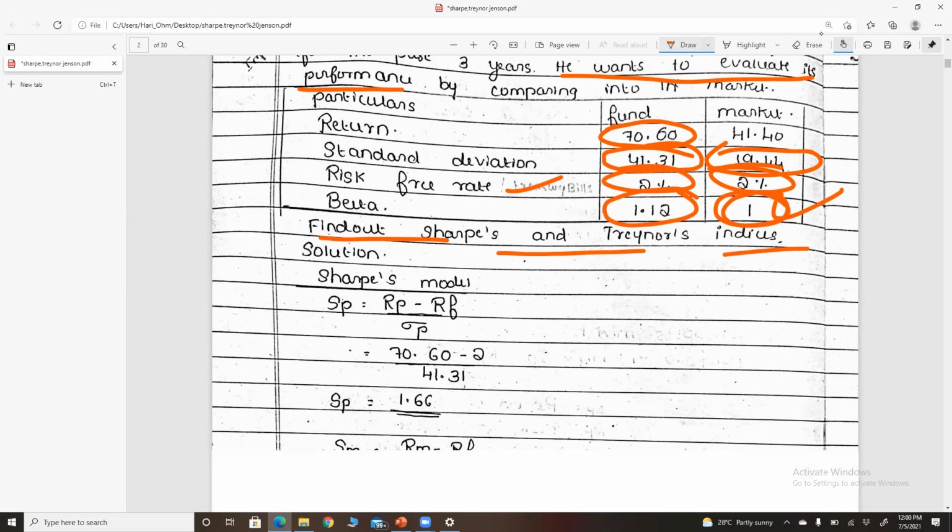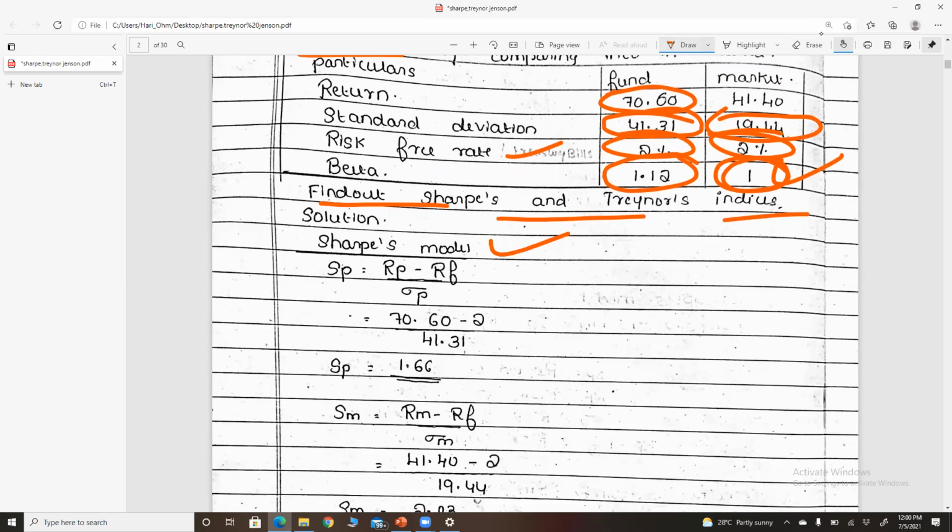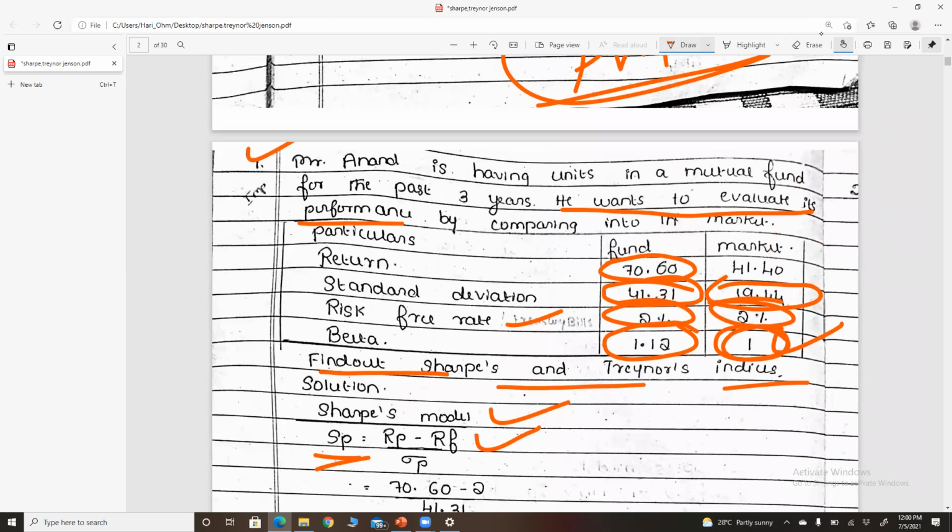Let's work out the first model, that is Sharpe's model. I told you SP is equal to RP minus RF divided by standard deviation P. Now, what is the return of the portfolio?